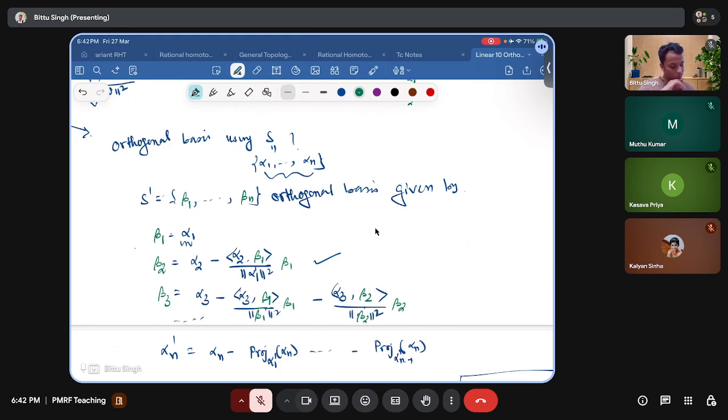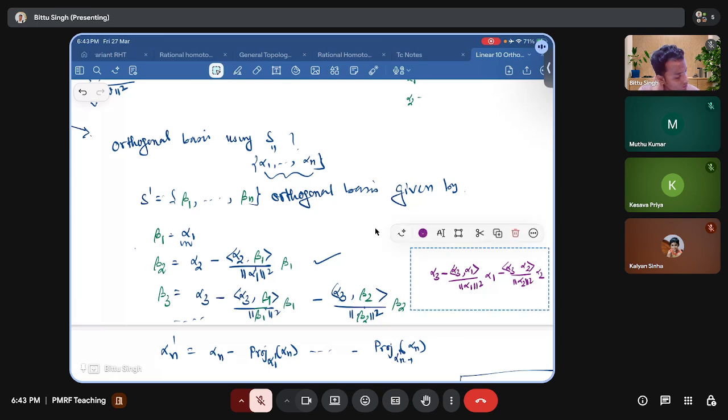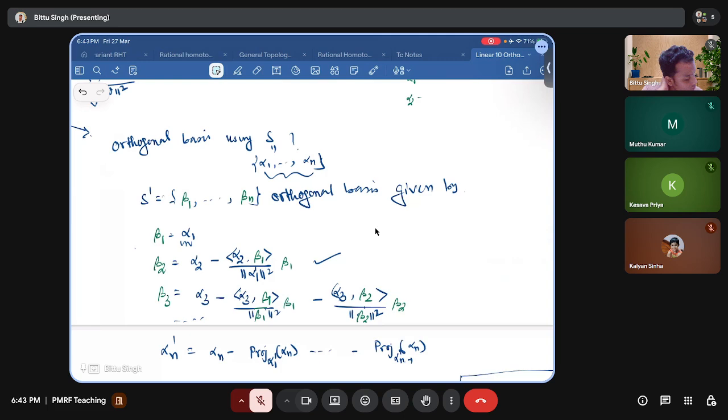So the problem is if we choose the same thing, for example, previously I chose something like this: alpha 3 minus alpha 3 comma alpha 1 by norm of alpha 1 square, minus alpha 3 comma alpha 2 by norm of alpha 2 square, alpha 2. Previously I chose this. Let us see what is the problem if we choose this.